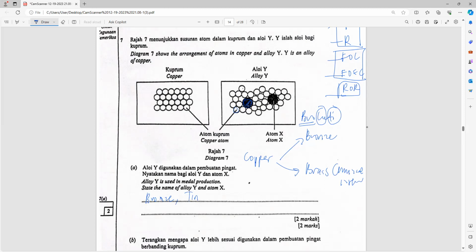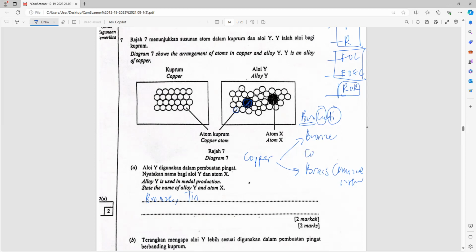Any question? Okay, let's say they ask me brass. What is the atom X in brass? What's your answer? Zinc. Very good. It is zinc. So how to remember?